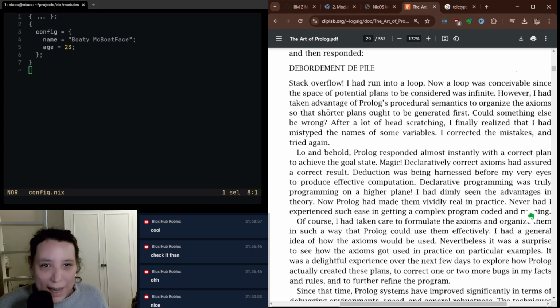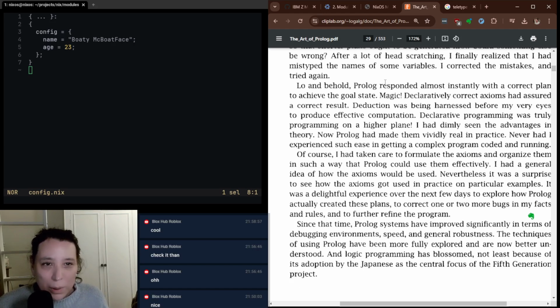However, I had taken advantage of Prolog's procedural semantics to organize the axioms so that shorter plans ought to be generated first. Could something else be wrong? After a lot of head scratching, I finally realized that I had mistyped the names of some variables. I corrected the mistakes and tried again. Lo and behold, Prolog responded almost instantly with the correct plan to achieve the goal state. Magic!